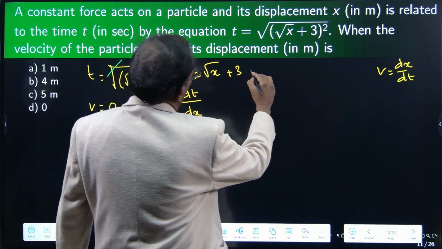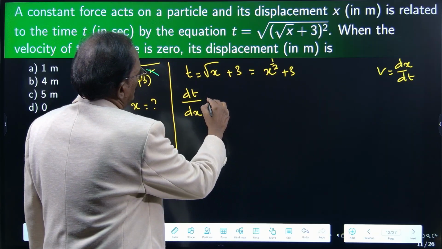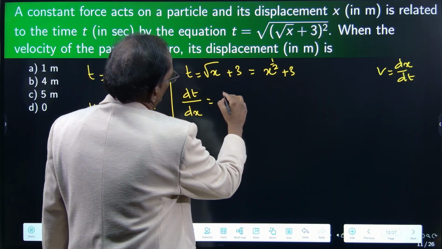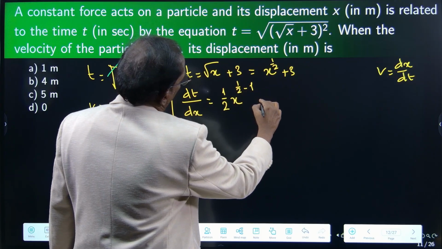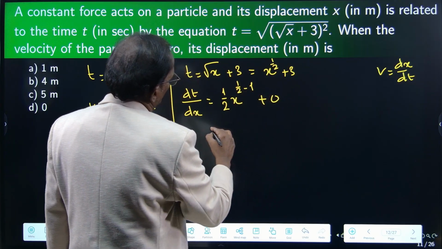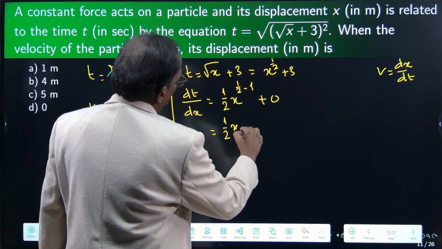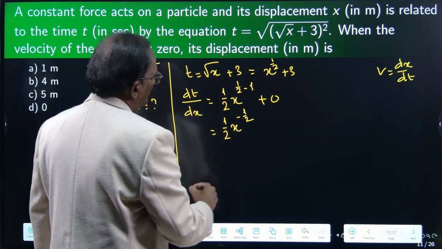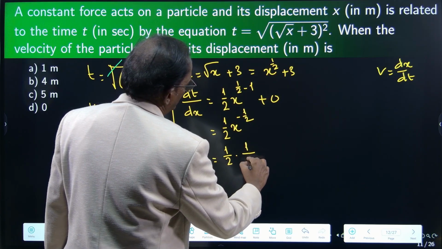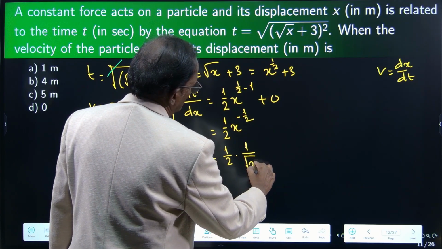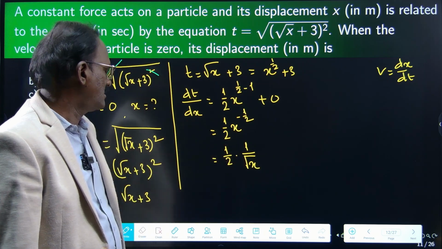So root x + 3, I will write x to the power of half + 3. Differentiate x to the power of half: half times x to the power of minus half, plus 3 is 0, differentiation of a constant. So it is 1 by 2 root x.